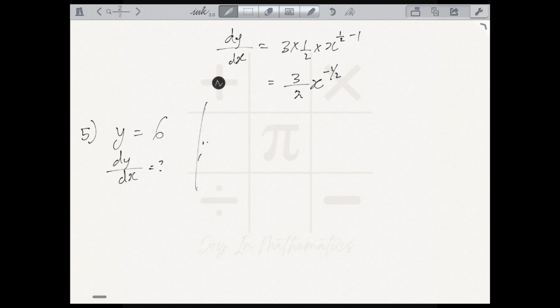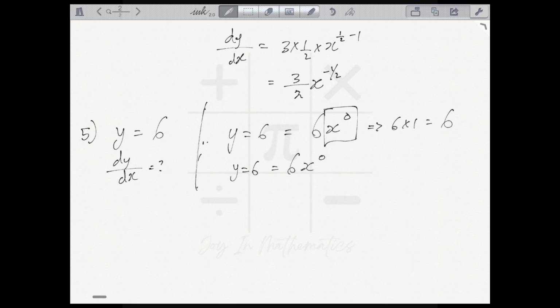So y equals 6 is the same thing as writing 6x raised to power 0, because anything raised to power 0 is 1. So this is written as 6 multiplied by 1, which is the same thing as 6. So if you want to evaluate the differential of y equals 6, we are going to consider it as y equals 6x raised to power 0.